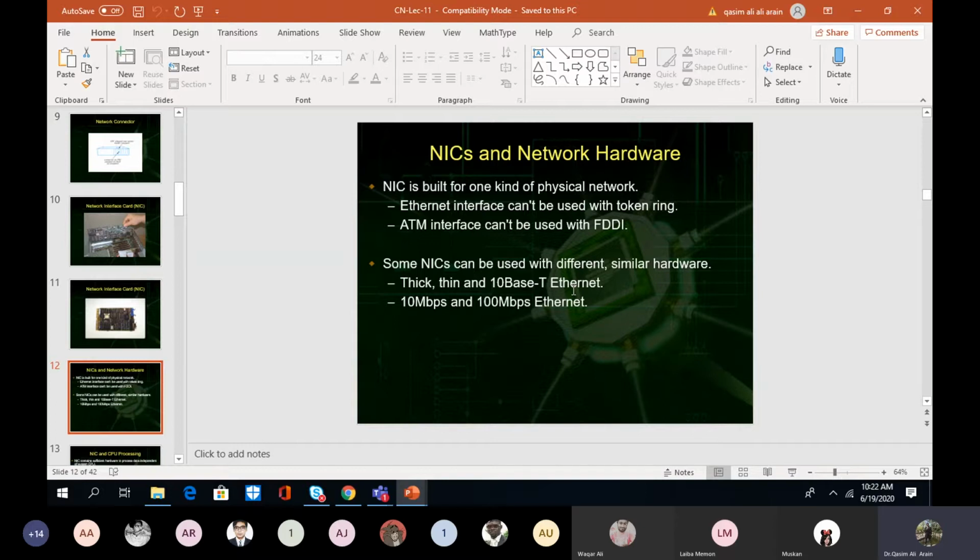You cannot use Ethernet devices with an ATM and ATM devices with an FDDI and FDDI devices with the token ring networks or something like that, right? So 10 megabits per second and 100 megabits per second, these are the other Ethernet which have the higher speed or something like that, right?